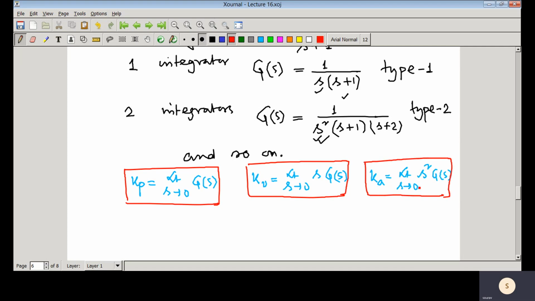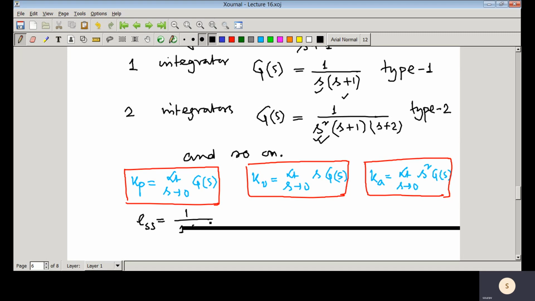and we found that this Kp is defined whenever the signal is a step signal, and the steady state error is 1 plus Kp.